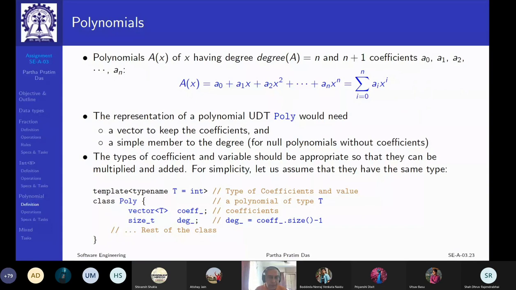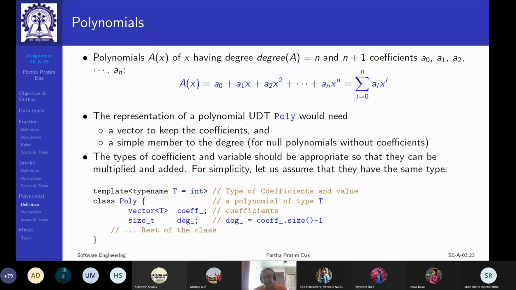So I have again the polynomial class. Here I've taken a shortcut on the discussion. I'm just directly going into the basic representation. The class poly parameterized by T, where the coefficient is a vector of T, and degree deg is a variable of size t.